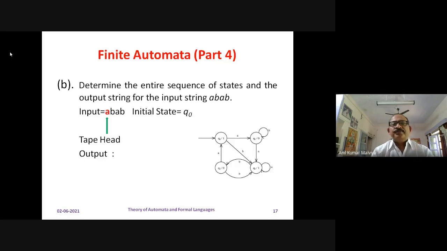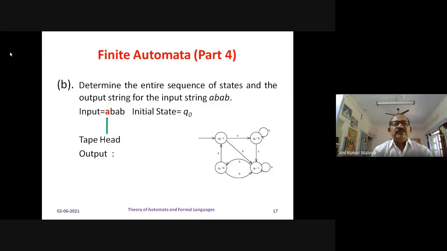Next step, we want to determine the entire sequence of states and the output string for the input string A, B, A, B. Suppose we feed the word A, B, A, B into the machine. As we know, the tape head always points to the first symbol of the input word.